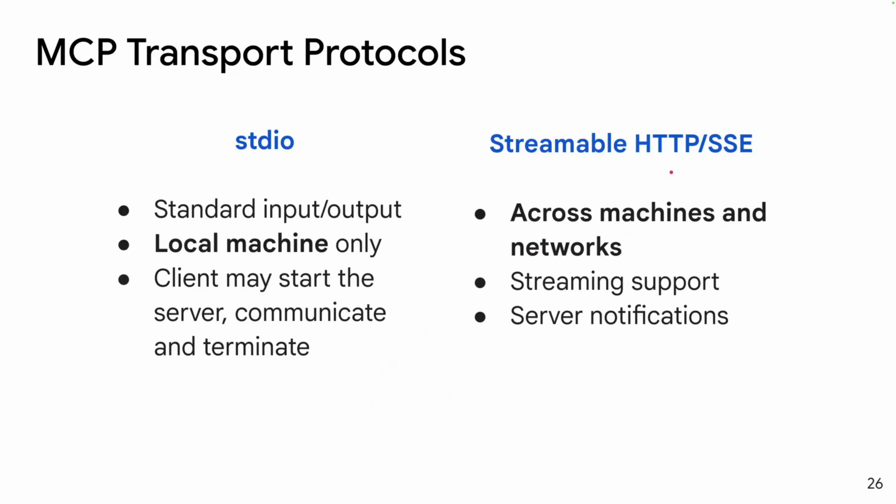If you have a remote server, that means your server is across the network. Then you use the transport called streamable HTTP or server-sent events. Why are there these two transport protocols? Server-sent events is a protocol that was used at the beginning when they created remote servers, but now the more preferred transport for remote servers is streamable HTTP.